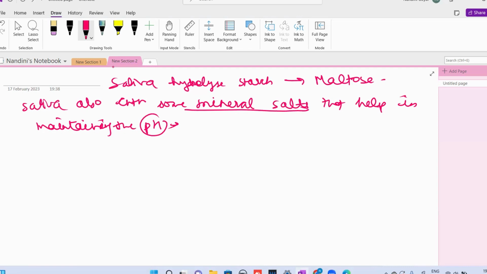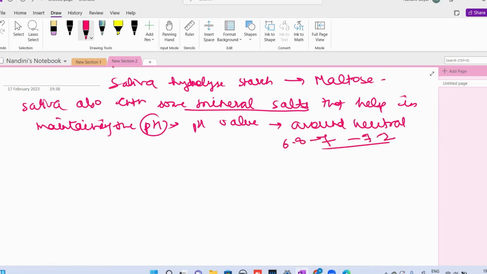Fine. So the pH value at which salivary amylase works is around neutral. It is around 7. It can be 6.8 or it can be 7.2. Okay. So have you understood the second process?